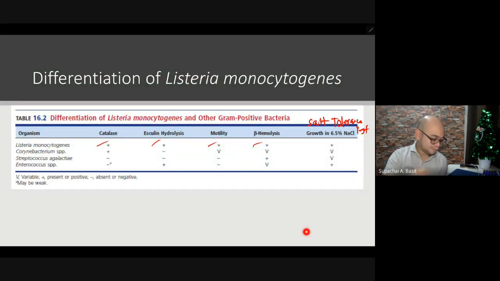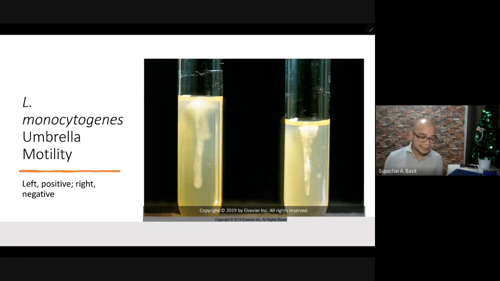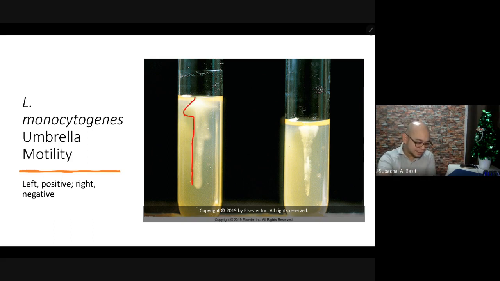Okay, so when compared to other gram-positive bacteria, this is another example that is positive in umbrella motility. This one is negative for umbrella motility.